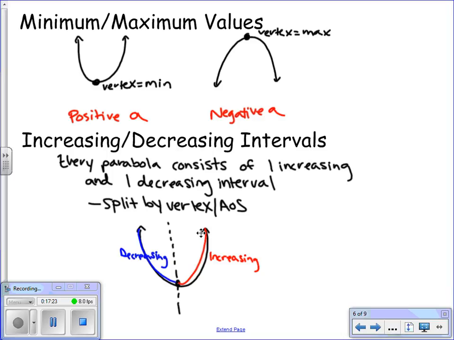So we're going to look at an example. How do we find minimum and maximum points and identify them? And then can we also figure out our increasing or decreasing intervals?